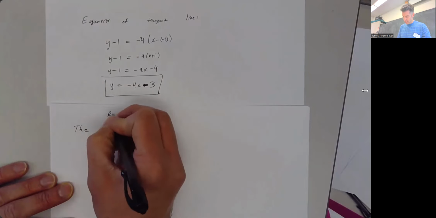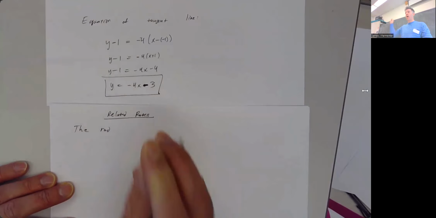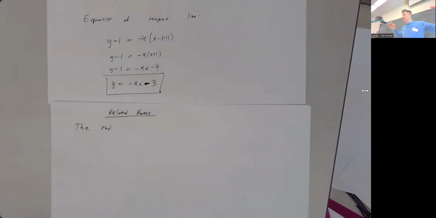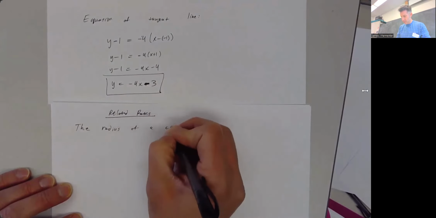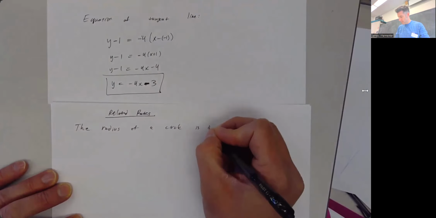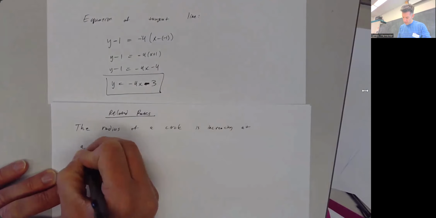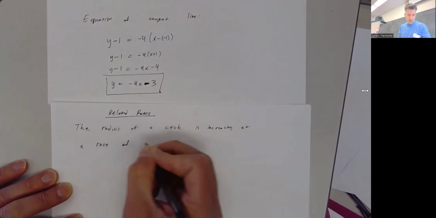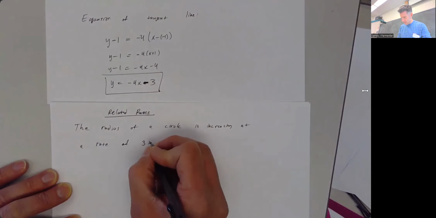So the radius of a circle, so related rates. I think of this as I threw a rock in a pond and the circles are getting bigger and bigger and bigger. So the radius of a circle is increasing at a rate of 3 inches per second.